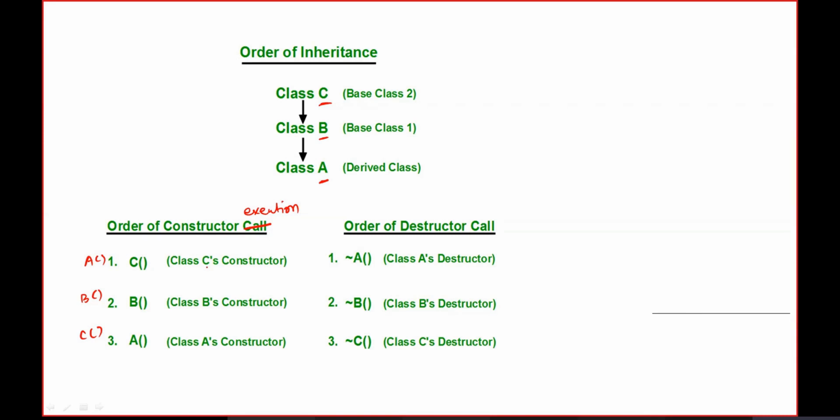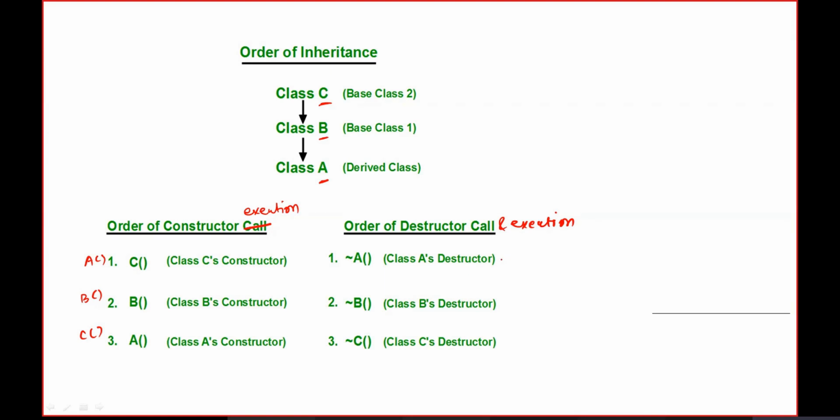We are now moving towards destructors. How is the order of destructor calling and execution? The order of destructor call and execution is the same.